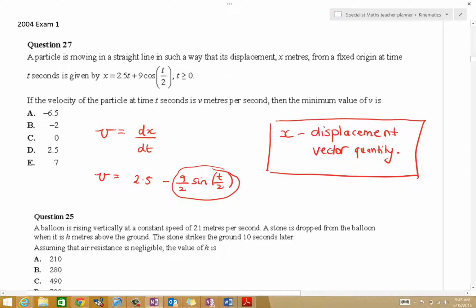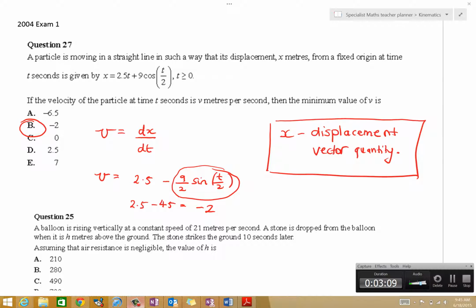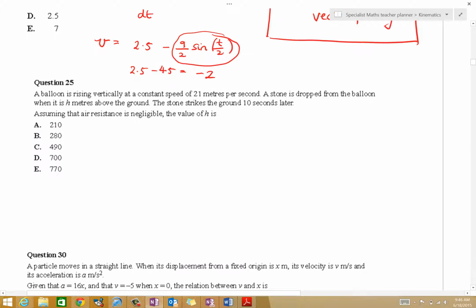So it's going to be 2.5 minus 4.5, which is equal to negative 2. Okay with that? Well, Nikita, you look a bit worried. All good? Sure? Okay.